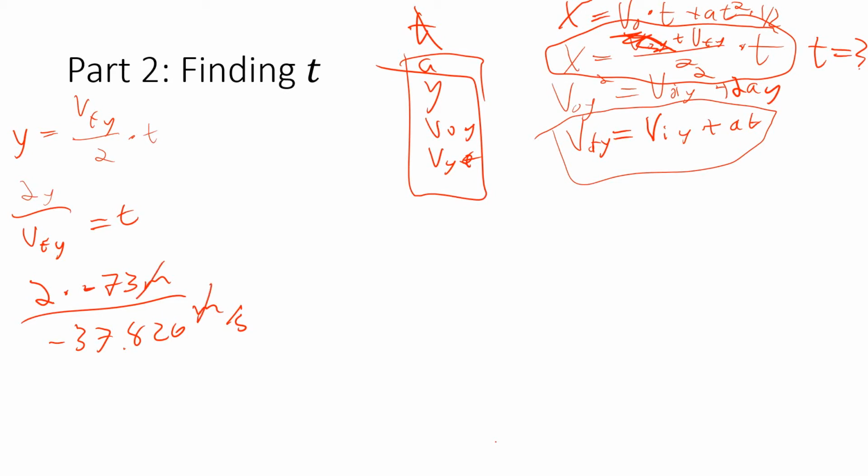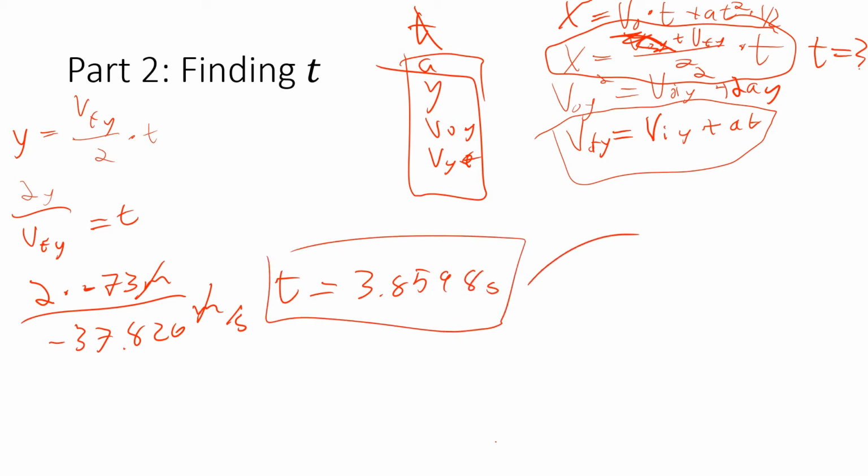So we can cancel the units, and we do some magic stuff. So 2 times negative 73 is negative 146. Plug that into your calculator, divide it by negative 37.826, and we pop out that t equals 3.8598 seconds. Well, that's actually one of our answers. For part A, our question was, what is t? So we now know that t equals 3.8598.